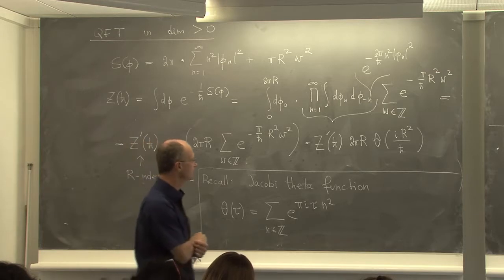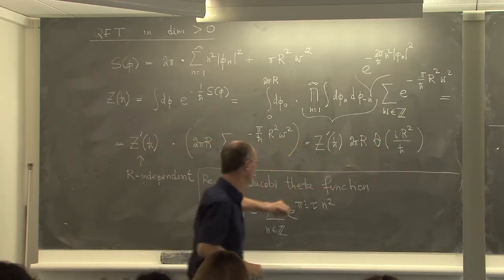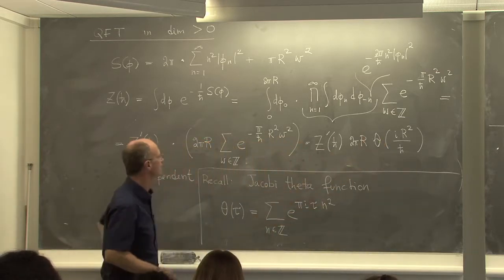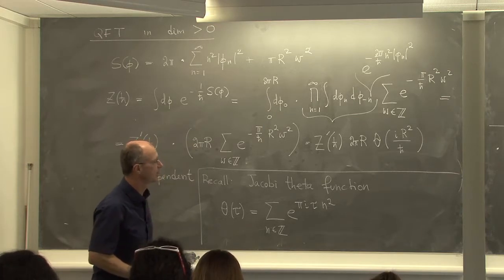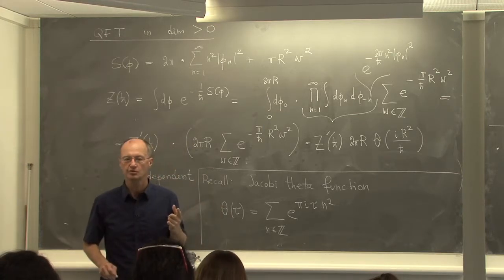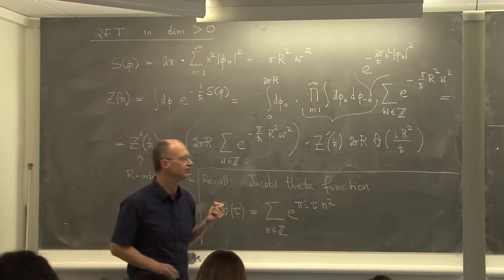So we substitute this purely imaginary parameter, and then we obtain exactly this sum. So of course it's good to have a name, right? It's a fancy name, Jacobi theta function.